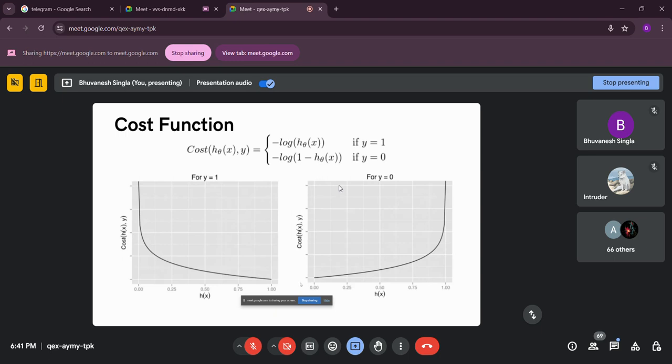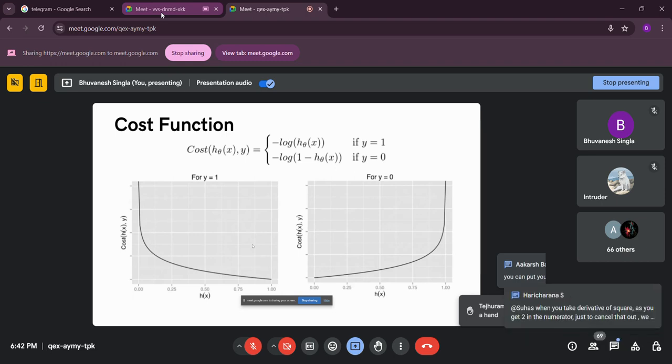And how do we do this? We need a cost function obviously, to know how wrong we are. Same as in linear regression, we had mean square error or root mean square error. Here we have a slightly different cost function, and the reason we are not using mean square error is that mean square error versus parameters would give a more bumpy graph. It wouldn't exactly be a quadratic graph.